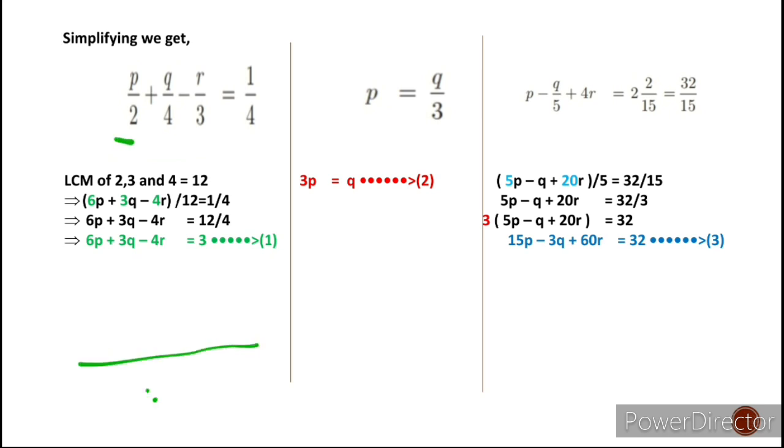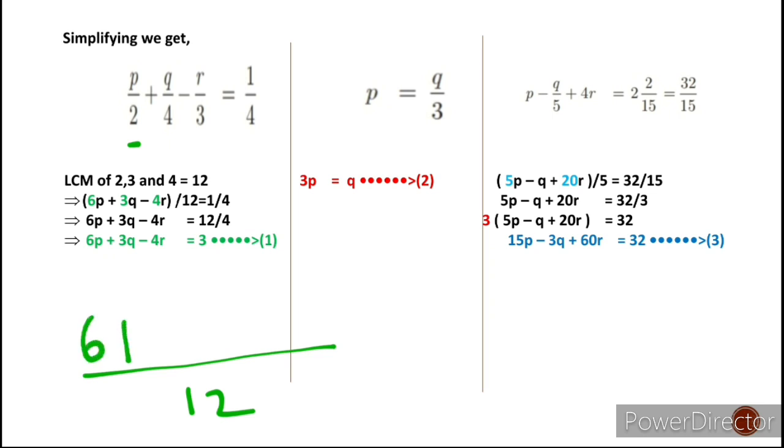How many 2s in 12? There are 6 twos in 12, so multiply 6 in the numerator. 6 into p is 6p.